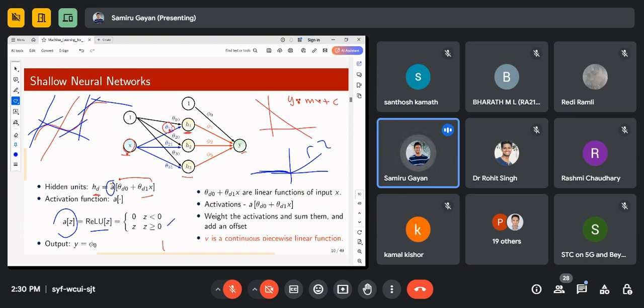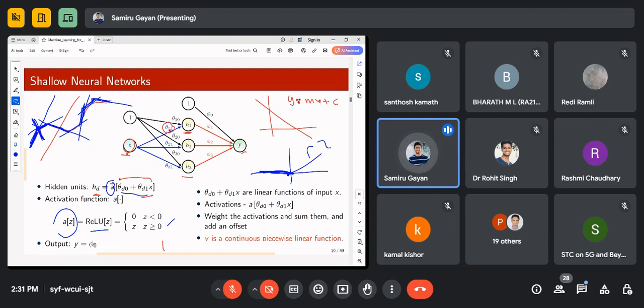We need a piecewise linear model to predict a nonlinear function like this. For that, I need to bend this line from here. I can achieve this bending using the ReLU function. That's why we use ReLU as the activation function.